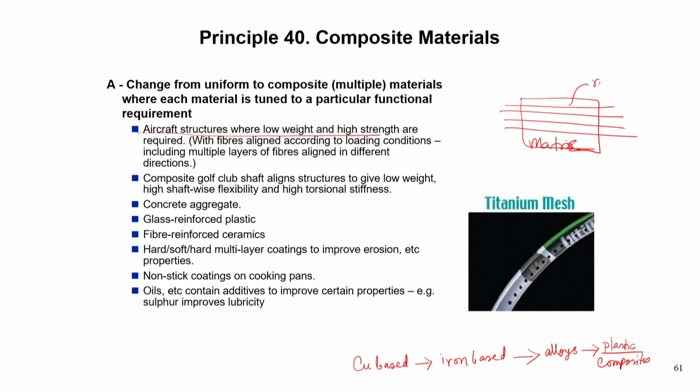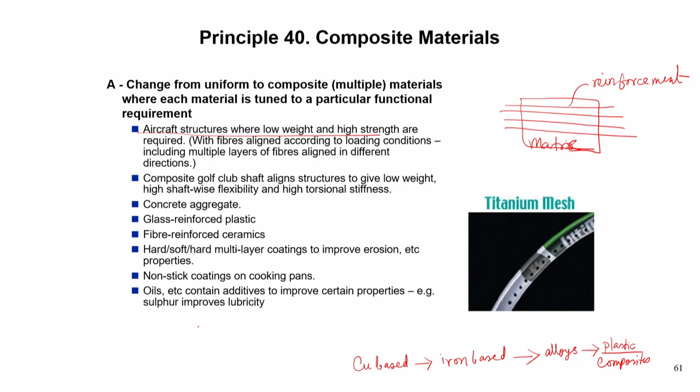So this is reinforcement that we utilize in a composite. What is the role of the matrix? The matrix holds the system together. And what is the role of reinforcement? Reinforcement increases the property of the material.